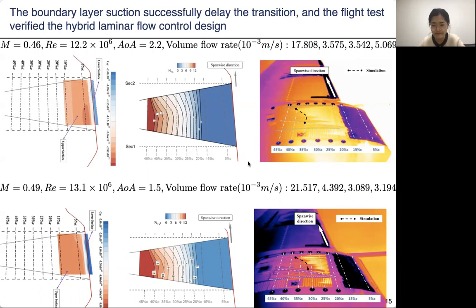With those 2 experiments, we verified our code and also calibrated the critical N factor, and the critical N factor can be used by other researchers in the future to study with their code under similar conditions.